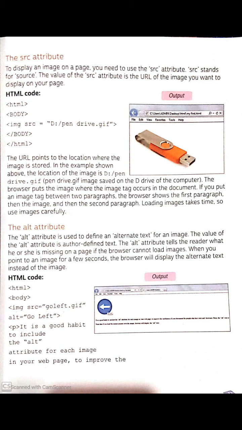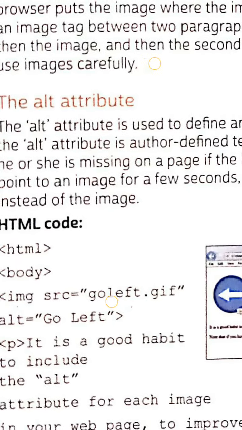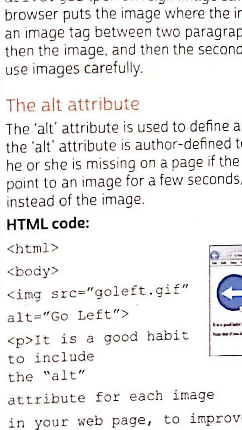That's why we are using the alt attribute. The alt attribute is used to define an alternate text for an image. The value of the alt attribute is author defined text.